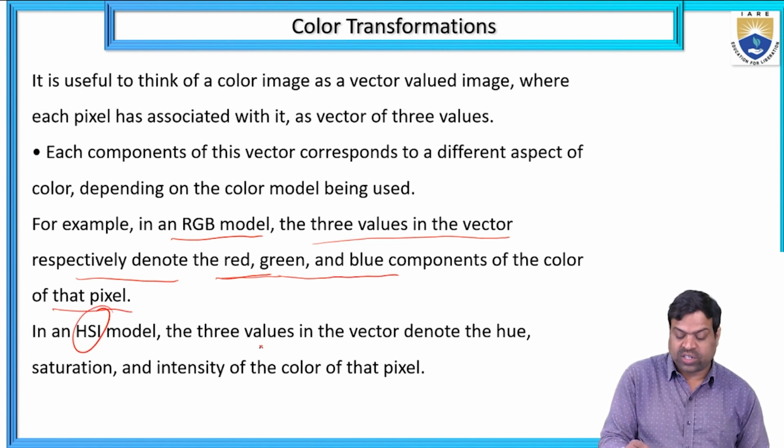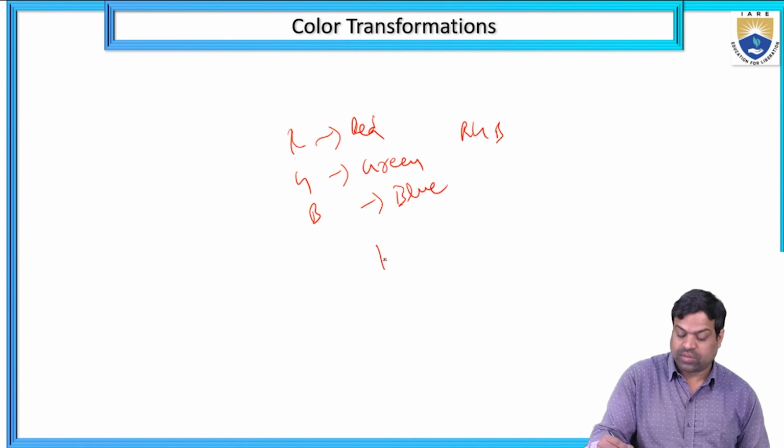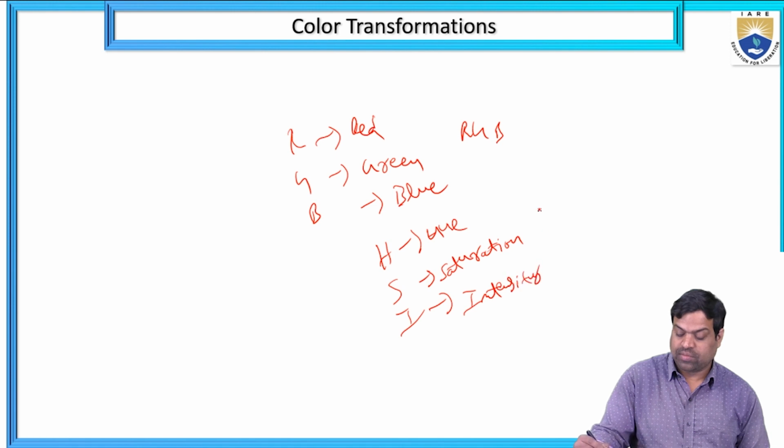In the HSI model, the 3 values in the vector denote hue, saturation and intensity. So RGB and HSI.